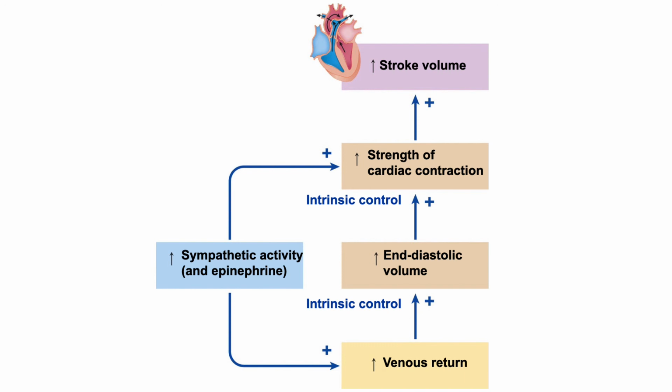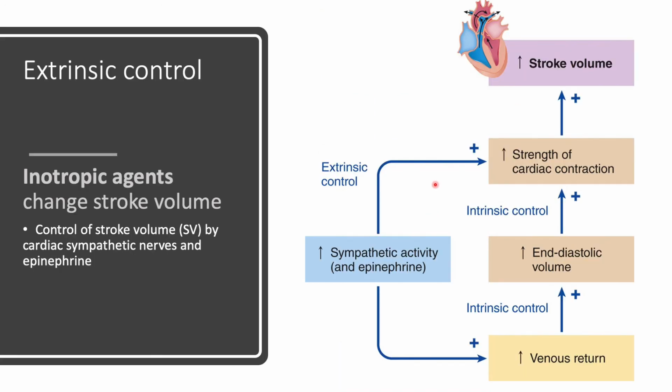Let's compare that then to extrinsic control. Extrinsic control then is going to involve those inotropic agents we talked about, such as norepinephrine, right? And norepinephrine is going to lead to that increase in calcium release. We're going to bind those beta-1 adrenergic cells.